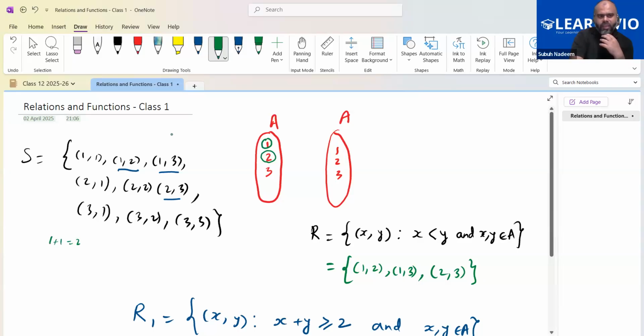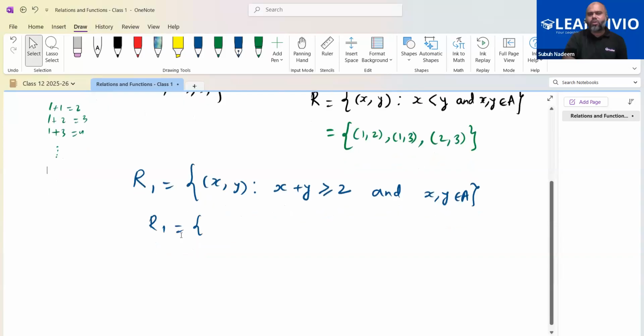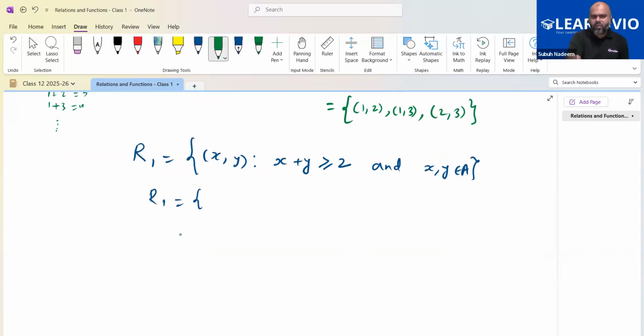And other numbers like 1 plus 2 is 3, 1 plus 3 is 4, likewise. So all the numbers in this set will be taken into account in R1.